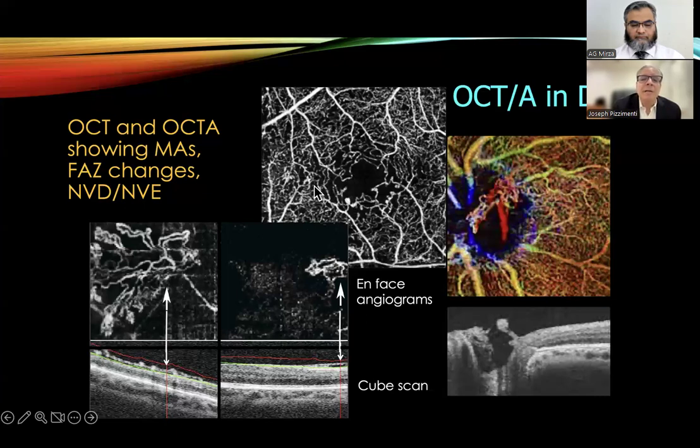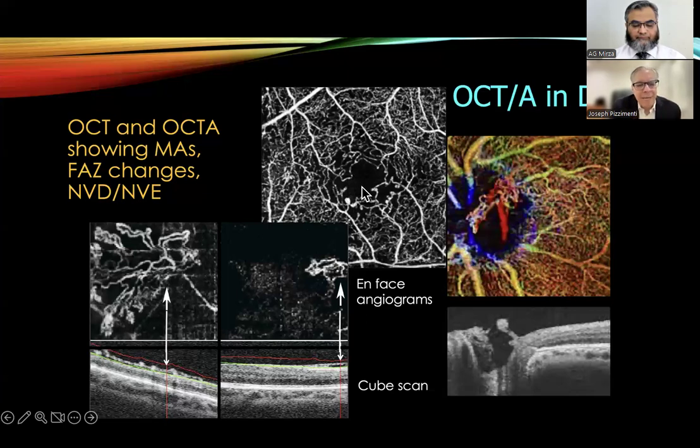Microaneurysms become fairly apparent here as well. And so when I look at a fovea like this, even if maybe on fundus examination I'm seeing mild non-proliferative disease, we still have a certain degree of foveal ischemia.